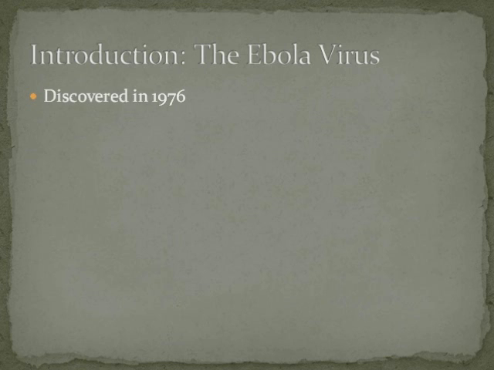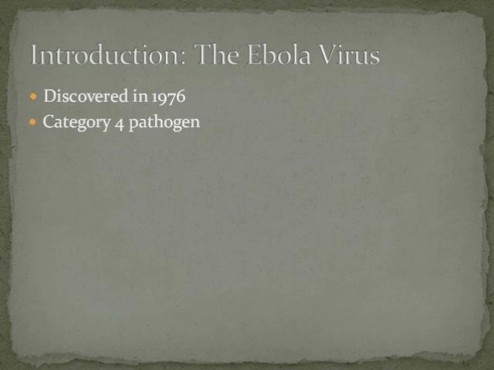So, first off, the Ebola virus was discovered in 1976 under interesting conditions. It turns out that in this year there were two simultaneous outbreaks originating in Africa, one in Sudan and one in the Democratic Republic of the Congo.